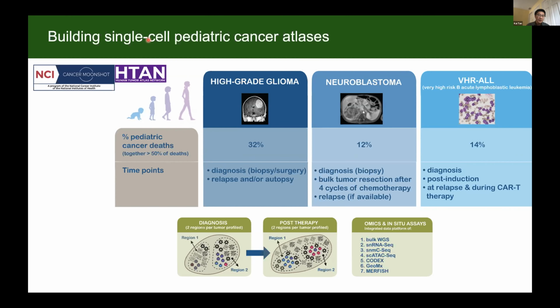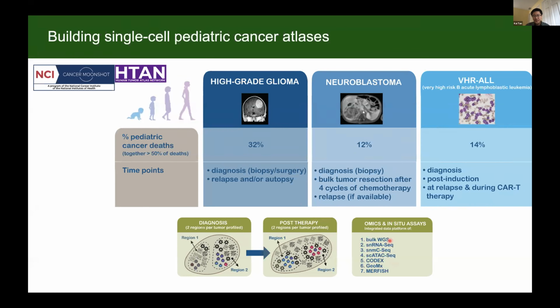Our center is involved in the Atlas effort for three types of high-risk pediatric cancer: high-grade glioma, high-risk neuroblastoma, and very high-risk B-cell lymphoblastic leukemia. We focus on two critical transitions for all three types of cancer, between diagnosis and post-therapy.